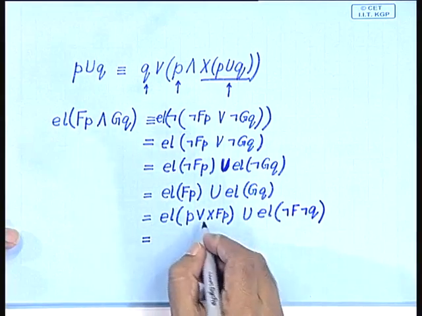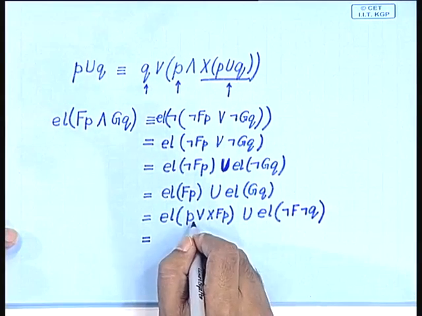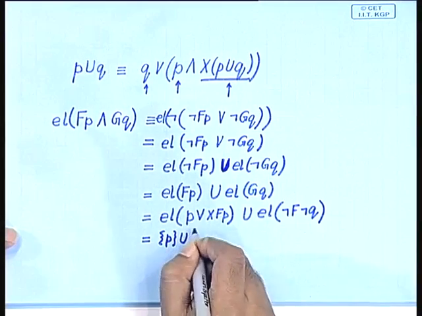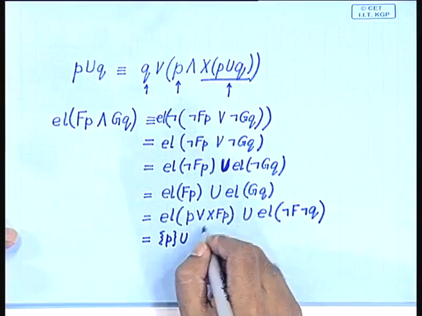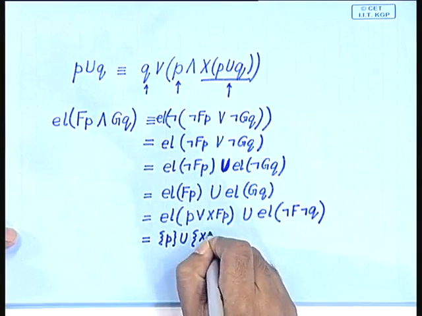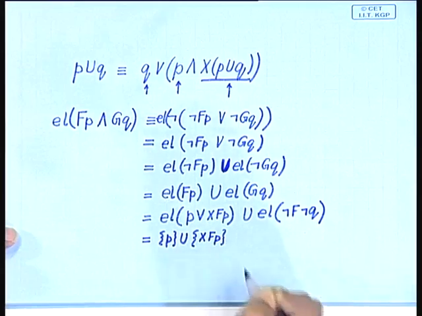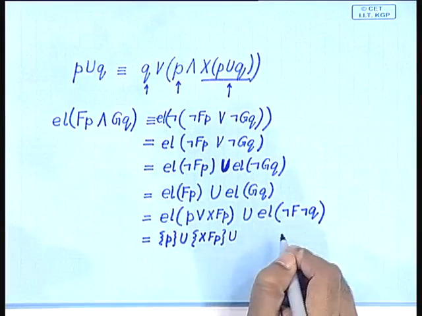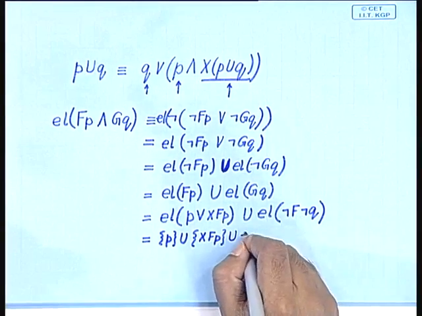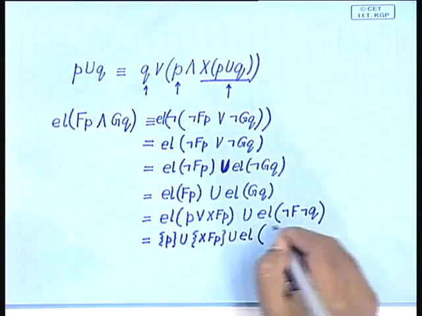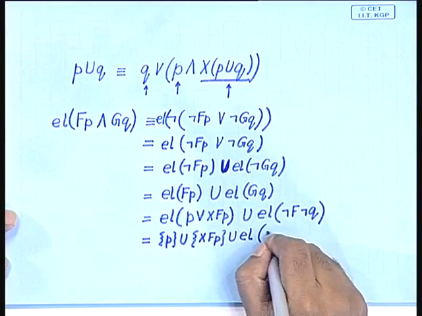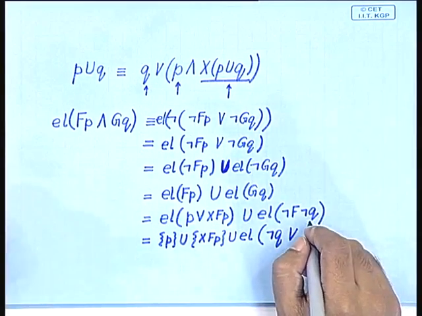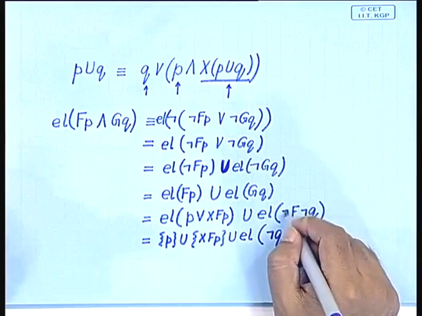So, this is going to be the elementary of P, which is P, union this, which is X F P, union this. Let me rewrite it once again: not Q or, first of all this not is going to get dropped.